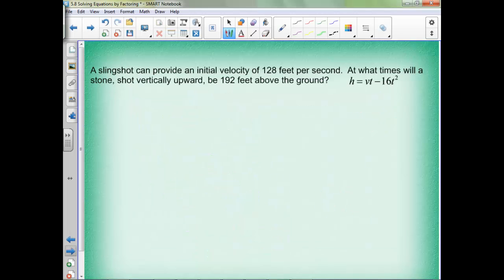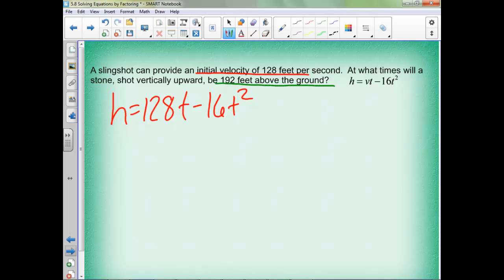This one's the same idea, except this time our initial velocity is 128. But now we want to know what the time is when we're 192 feet above the ground.